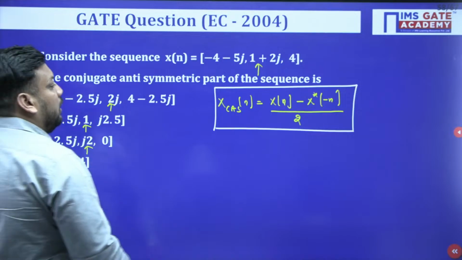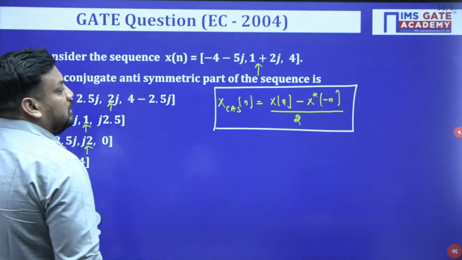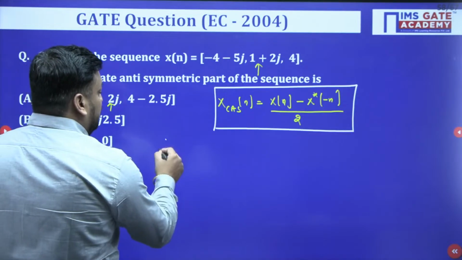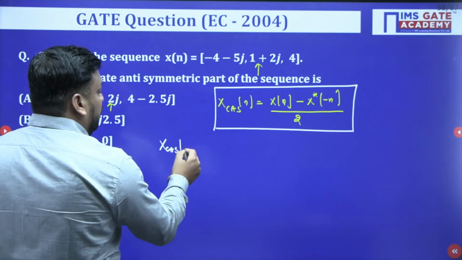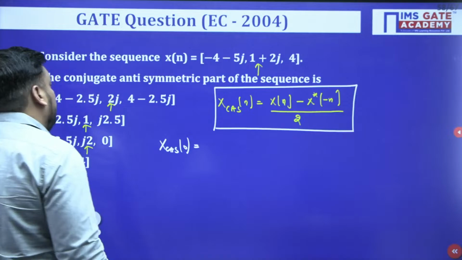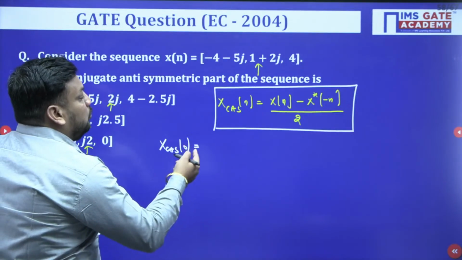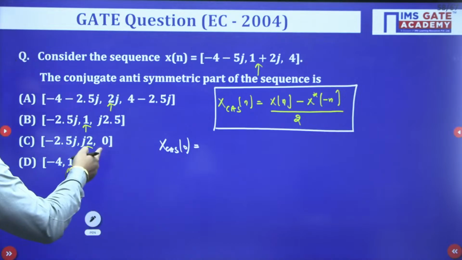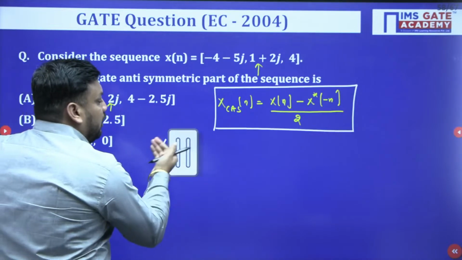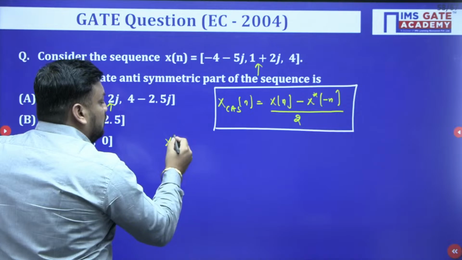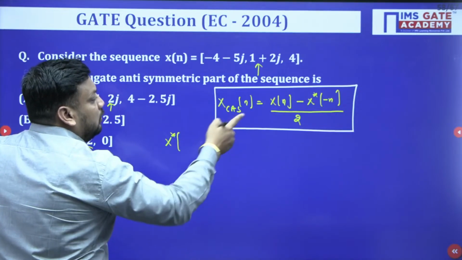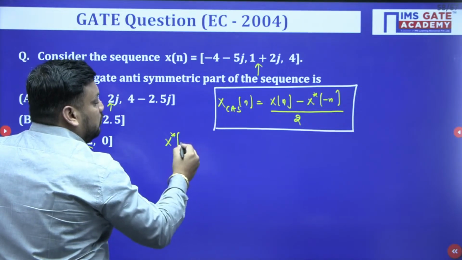So now, having the minus sign, if you are looking for the conjugate antisymmetric part, first of all, conjugate is required now. So x of n is here. First I have to write x conjugate of n, and also x conjugate of minus n.